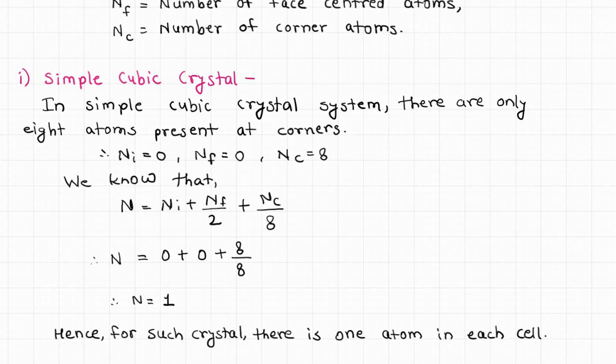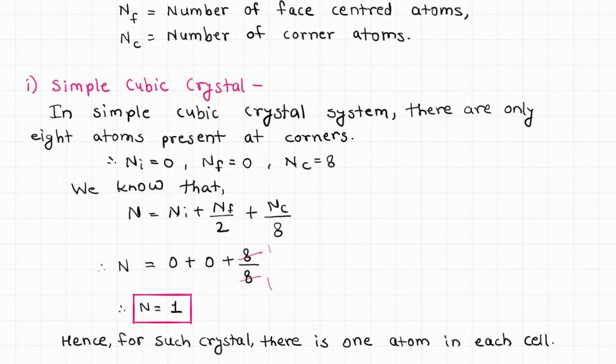Therefore, Ni is 0, Nf is 0, but Nc is equal to 8. We know that N is equal to Ni plus Nf by 2 plus Nc by 8. Therefore, N is equal to 0 plus 0 plus 8 by 8. Therefore, N is equal to 1. Hence, for such a crystal, there is one atom in each cell.